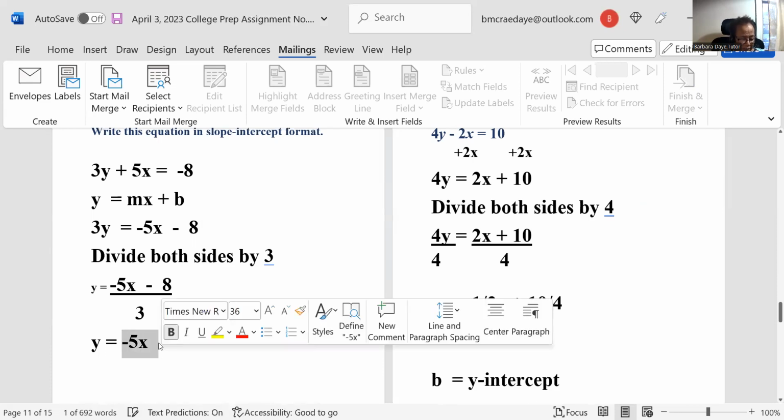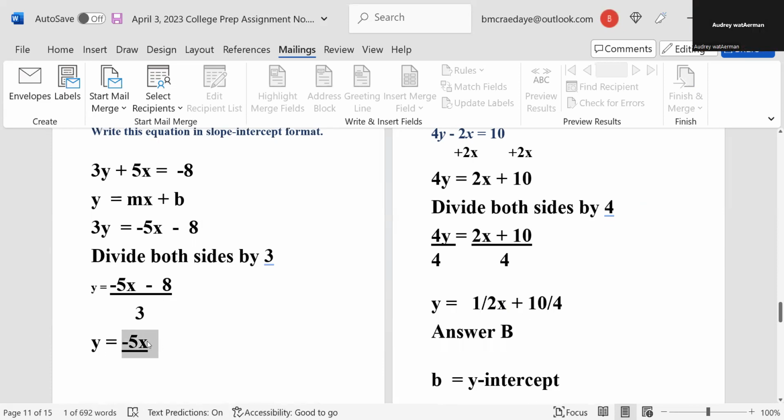We can just leave it like that and put the 3 under here. And then minus 8 over 3. That's our constant. You don't have to make it a mixed number, a fraction, a decimal. Just leave it just like that.